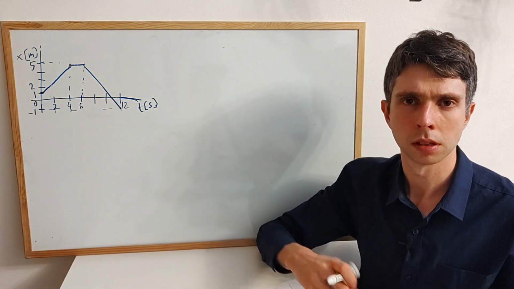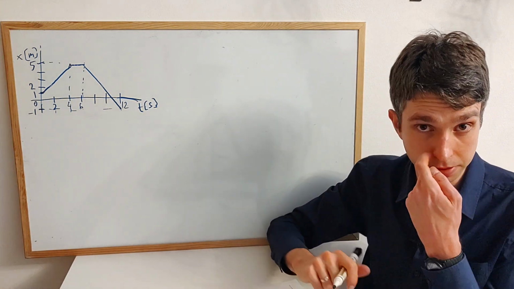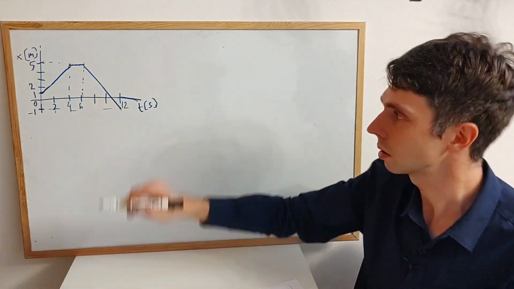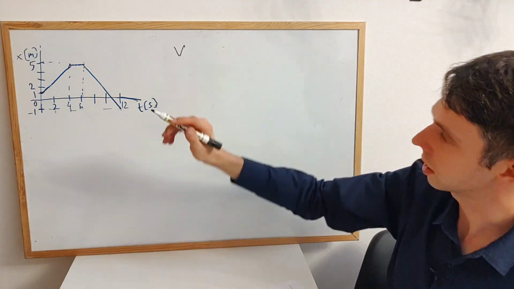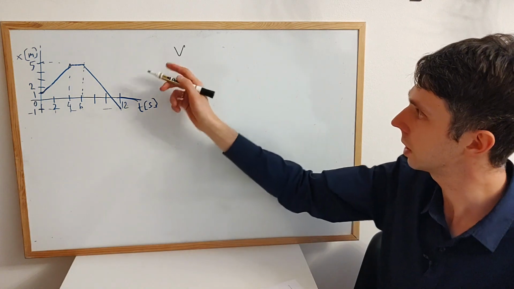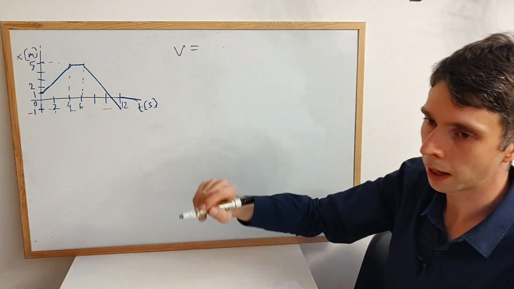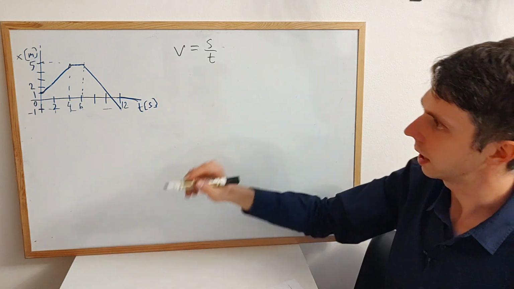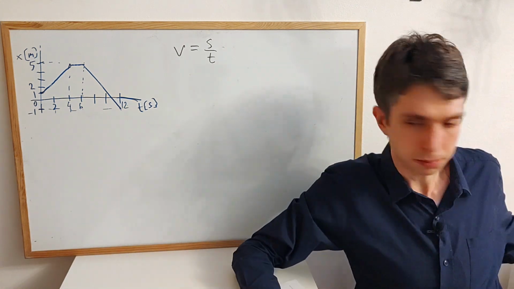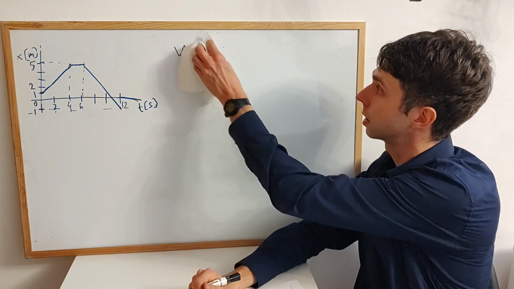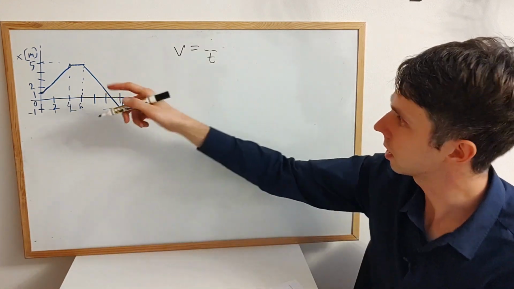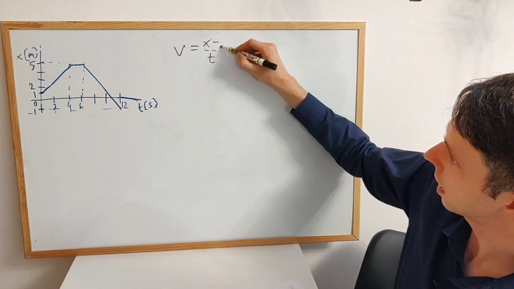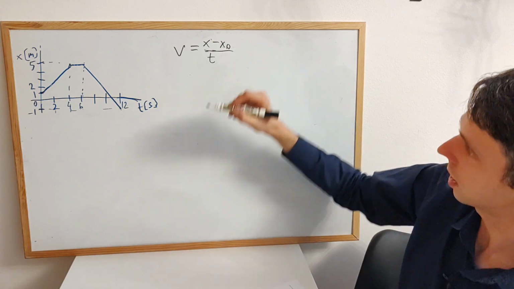How do I know this? How can I prove this? So you know that in the uniform motion, speed is distance divided by time, and distance can be thought of as the change in x, so final x minus initial x.